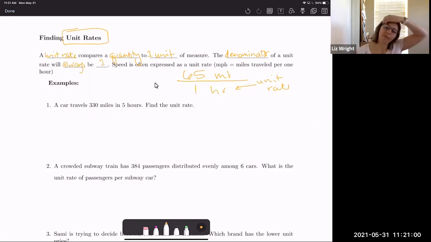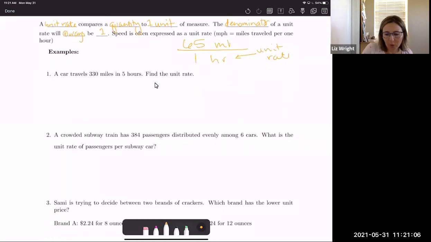So speed is often expressed as a unit rate for miles per hour. So if we have a car and it travels 330 miles in 5 hours, we are going to find the unit rate. So we're going to divide this by 5 and this by 5 because we're always going to divide by whatever that denominator is in order to get 1 in our denominator.